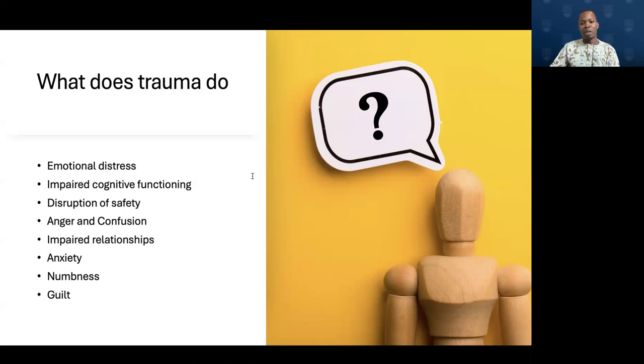Whatever the case may be, the initial reactions to trauma could include symptoms like exhaustion, confusion, sadness, anxiety, agitation, numbness, dissociation from people, physical arousal, and sometimes impaired relationships. Some of these responses are normal and others are not.